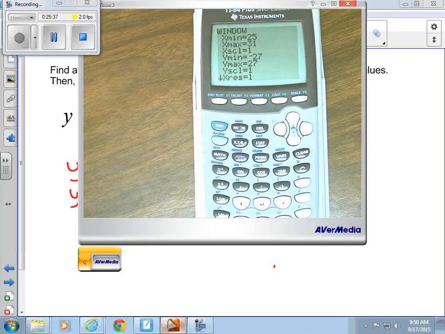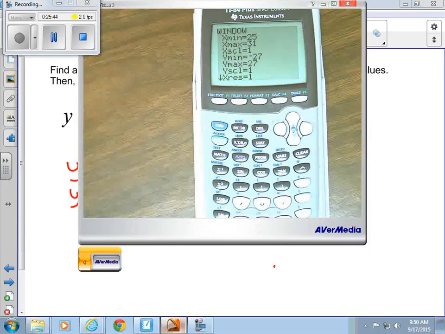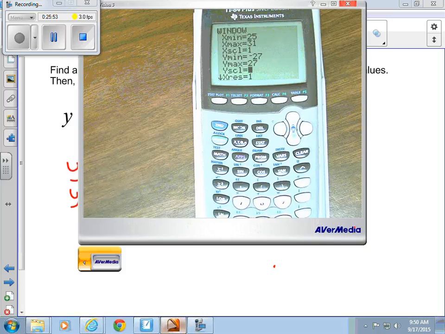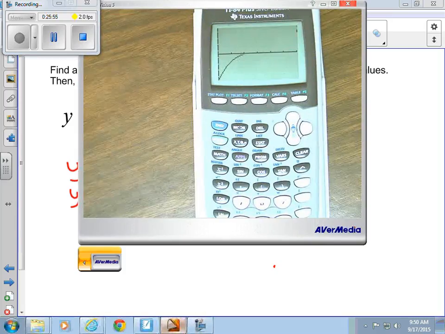Yes. Anything outside of it. Like if you did negative 50 to 50, would that give you a good viewing window too? Yes. Now, negative 1,000 to 1,000 wouldn't, because it'd make it so tiny you couldn't see it. And so I would have to accept a range of answers, but not just anything.